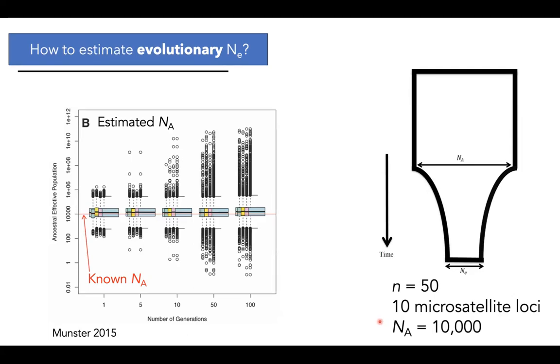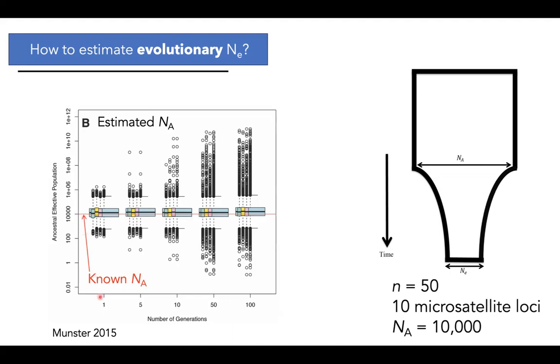And we're looking at a declining population that's declining from an ancestral population size of 10,000 individuals. On this graph, notice that we have this red line of the known ancestral population size. We know what it is because we simulated these data under these specific parameters, okay?